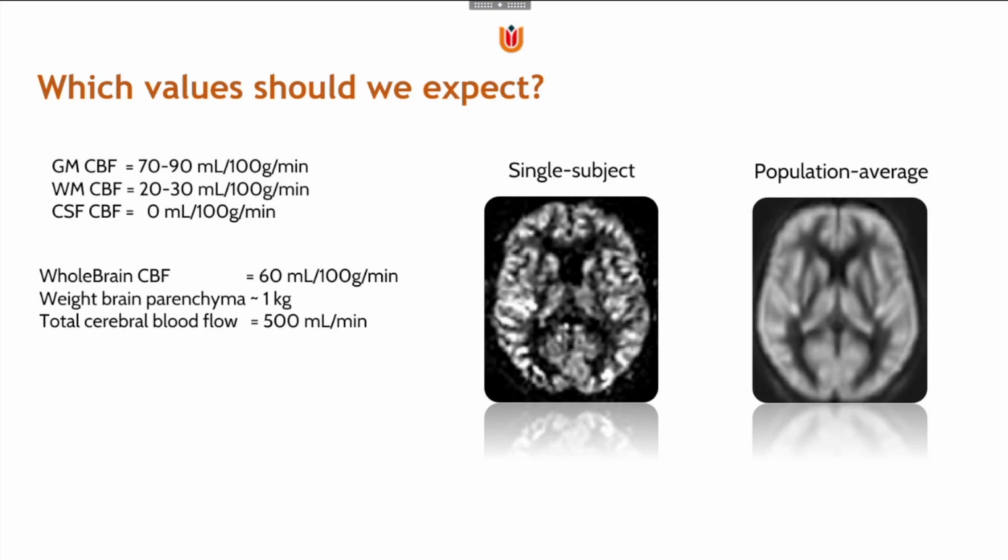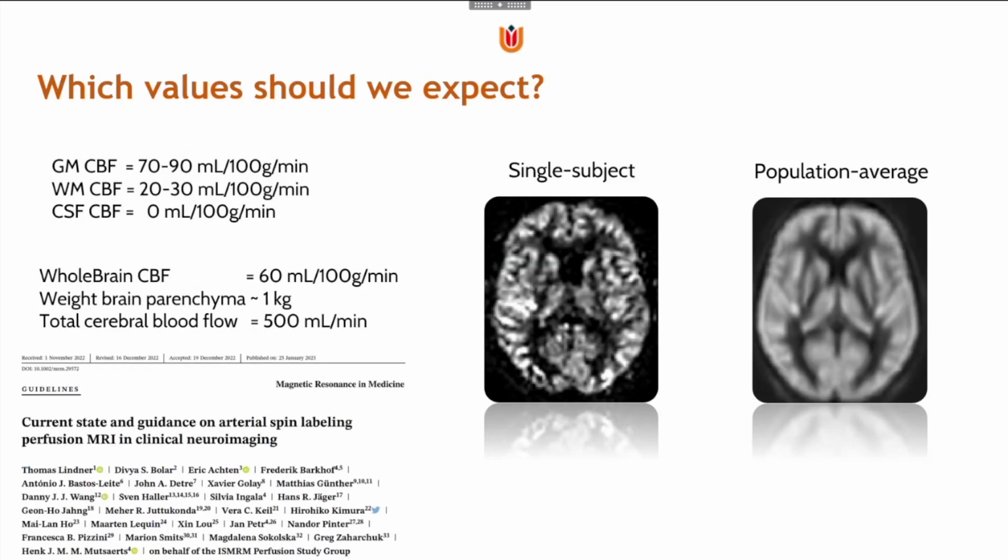The whole brain CBF for adults should be around 60 milliliters per 100 grams per minute. If your CBF values in the end are around 60 to 80, that is quite normal, what we expect. And in the white matter, the values go between 20 and 30 milliliters. So there's always this difference, obviously, between gray matter and white matter.